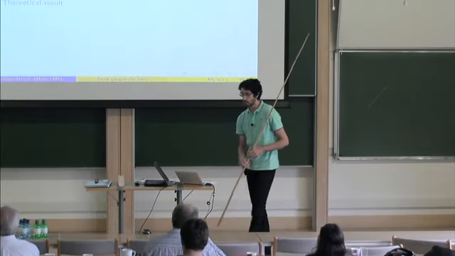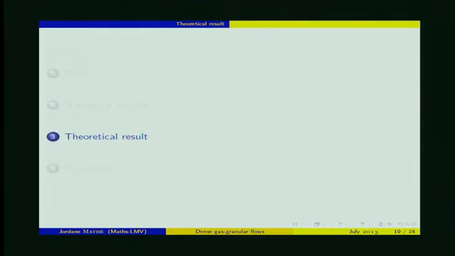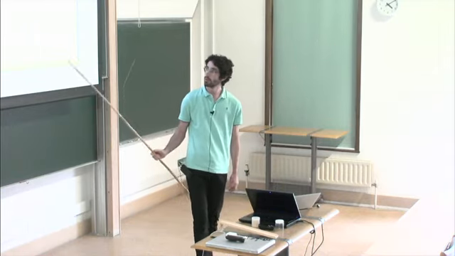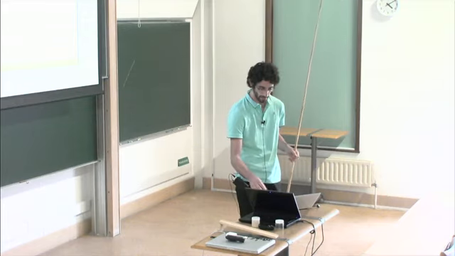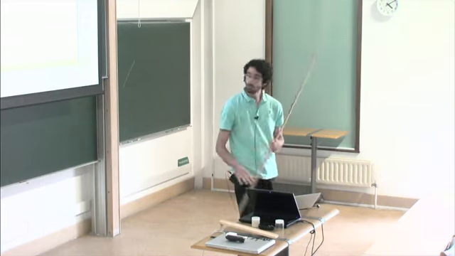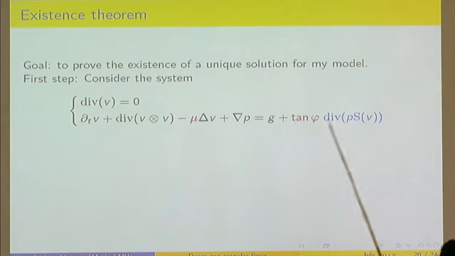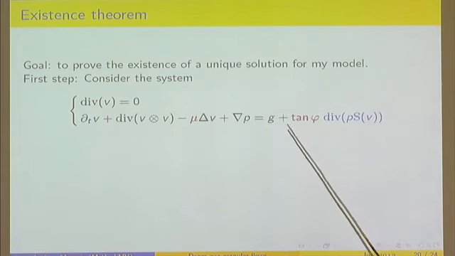Okay, so when I'm looking at that, I wanted to explain why, to explain if I have a solution or not. As a mathematician, I have to prove some existence theorem. At the beginning, this is very recent, I began with that system, which is simpler because there is no density here. So rho is equal to 1 everywhere, and no fluidization neither.